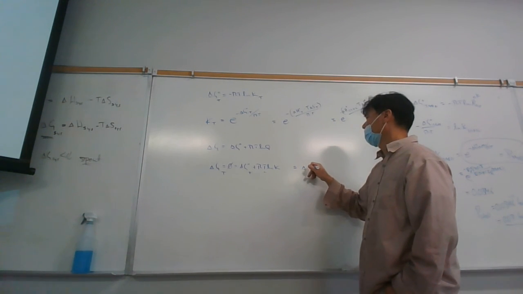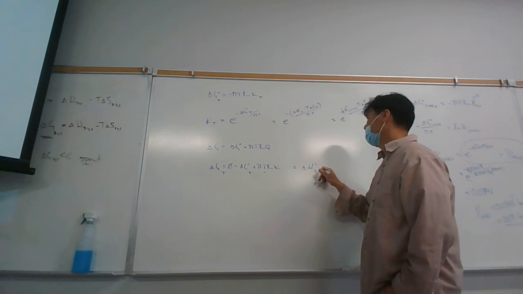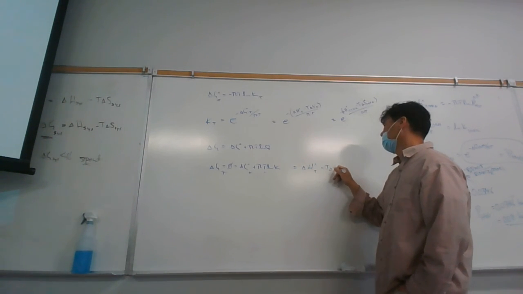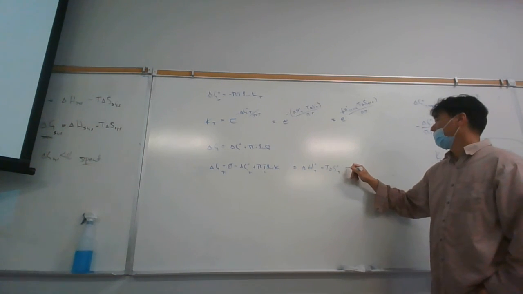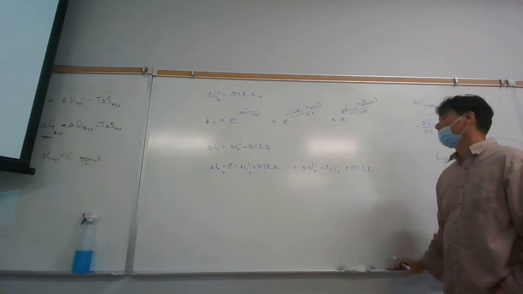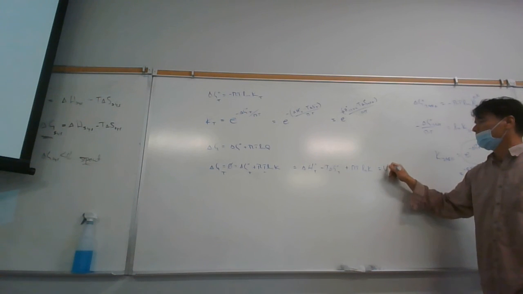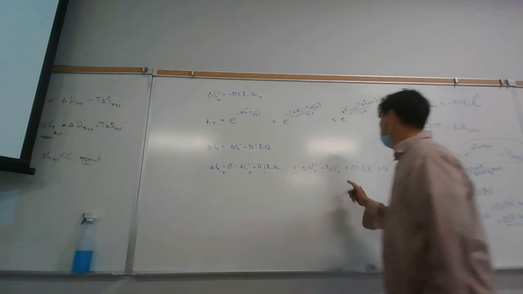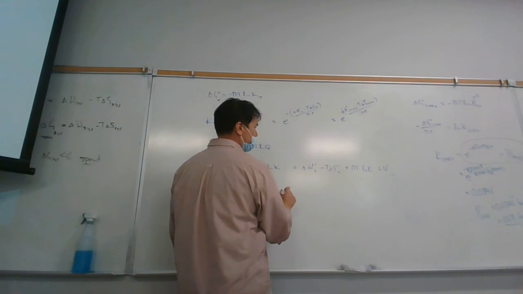what I'm going to end up with is delta H naught at temperature T minus T delta S naught at temperature T plus RT ln of K, and we set this equal to 0 again. And then I'm going to get the T terms on one side and the H term on the other side.